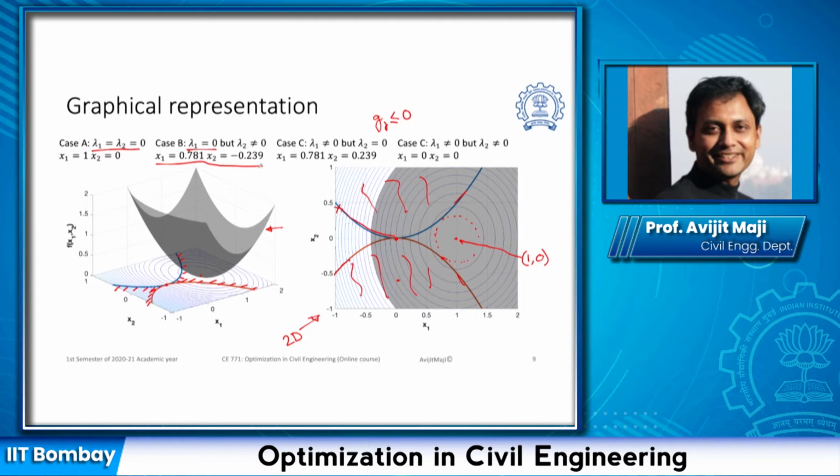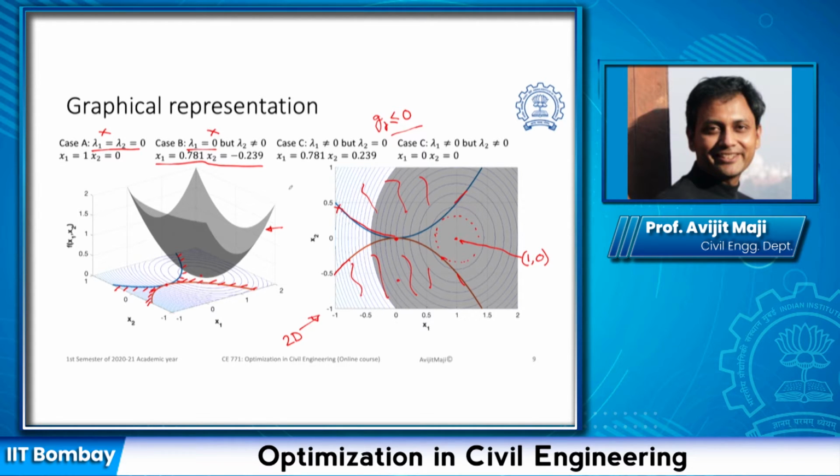So in that case we can say the Kuntakar condition is not satisfied for at least one of the constraints, and hence we cannot use this solution. And the same applies for this case A as well.